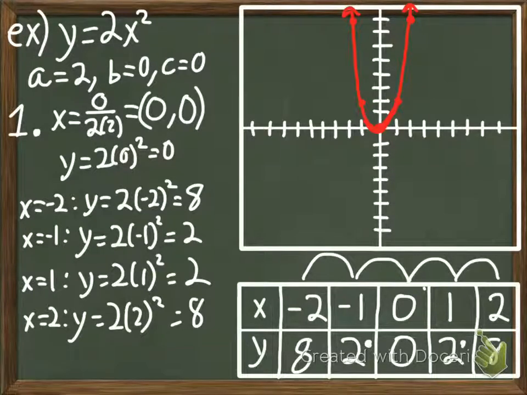They're both the same distance away from your vertex, and their y values are also the same. So that's where the line of symmetry comes into play through the vertex. Points that are the same distance away from the vertex on either side are going to have the same y value. So -3 and 3 would also have the same y values.